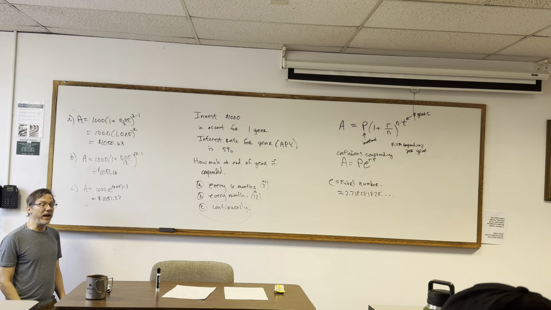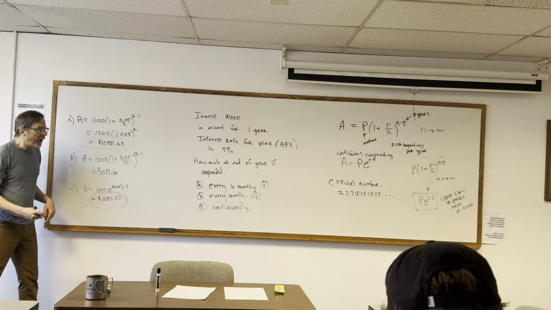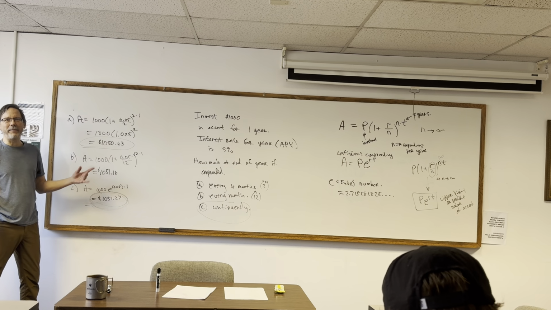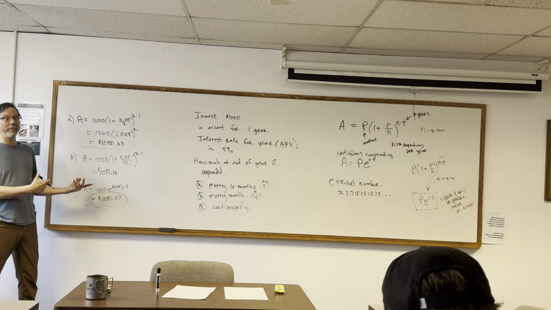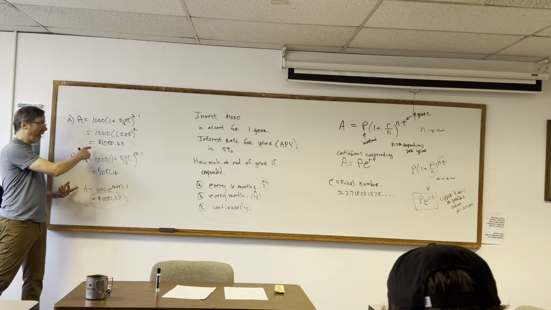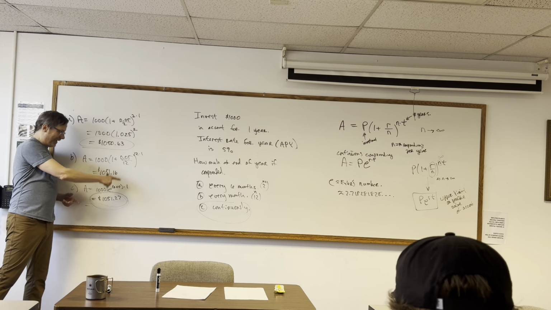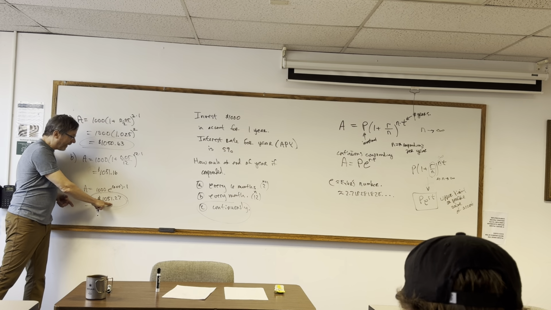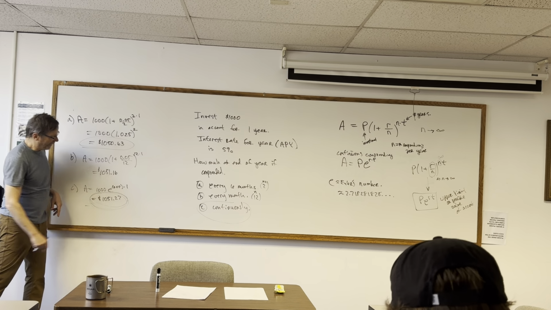Which is pretty crazy, if you look at the difference between just twice a year and every single moment of the day. Twice a year is fine. Now, if we had billions of dollars, this would make a difference. If this were $1 million, then we might care about that extra little bit right there.